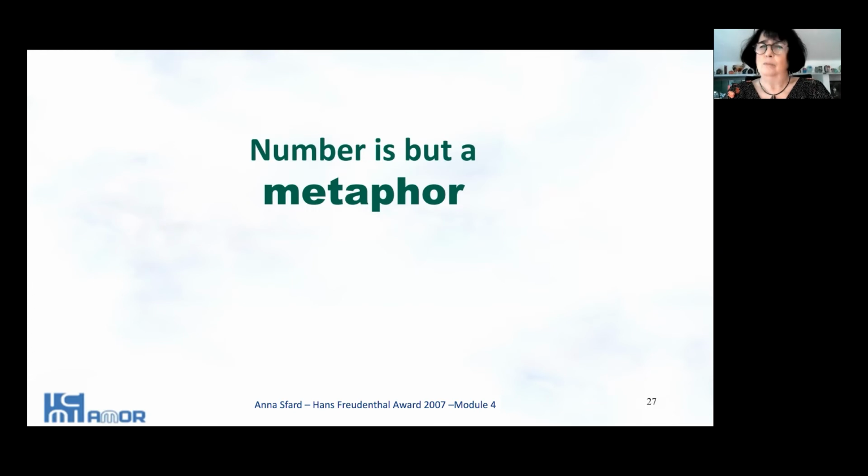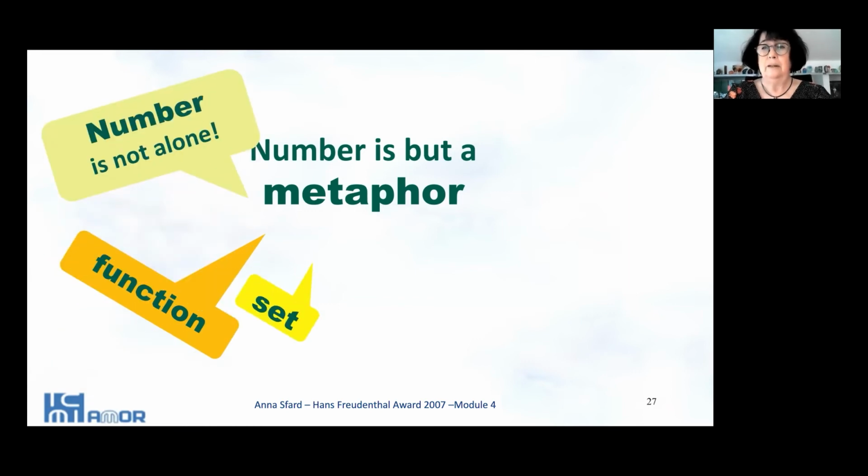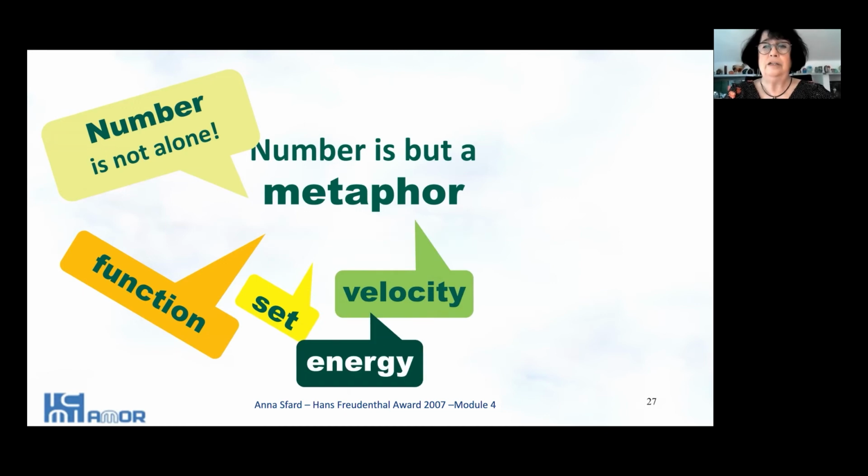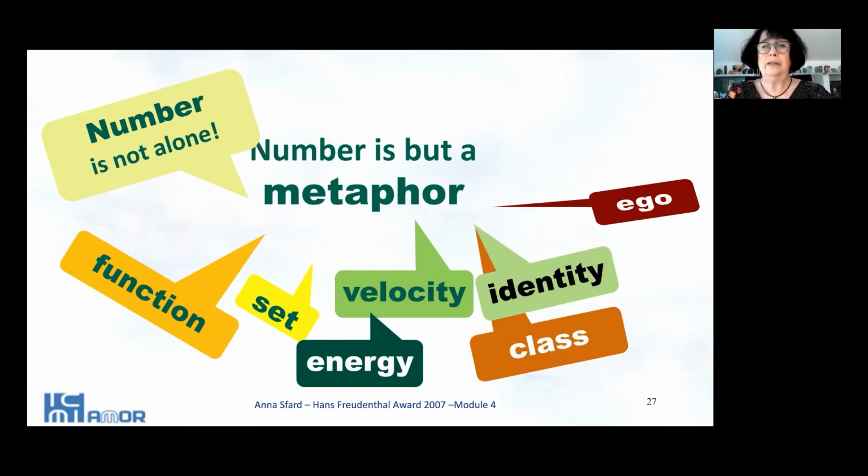Let me add that objectification is a common phenomenon in almost any discourse, not just in mathematics. We build on the metaphor of a physical object also when we speak not just about function, number, or set, but also about velocity, energy, identity, class, or human ego.